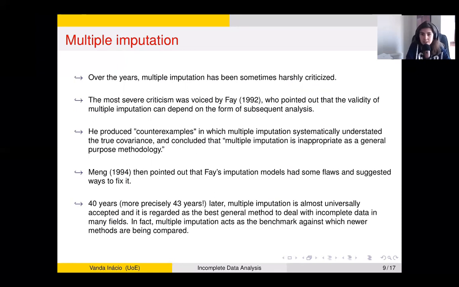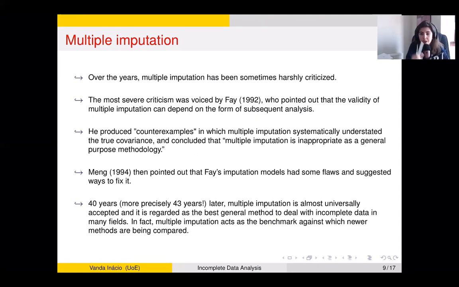For instance, the author Fay in 1992 pointed out that the validity of multiple imputation can depend on the form of our subsequent analysis. So basically, he said that depending on the model or the analysis that we are interested in at step two, after imputing the missing values, multiple imputation in certain situations is not a valid approach.